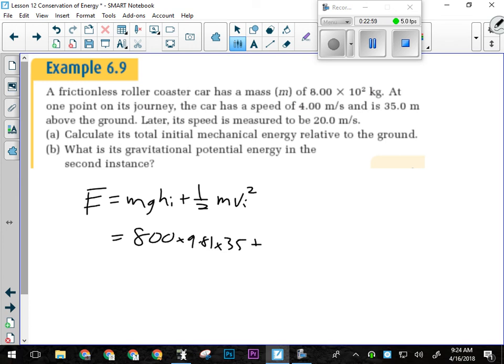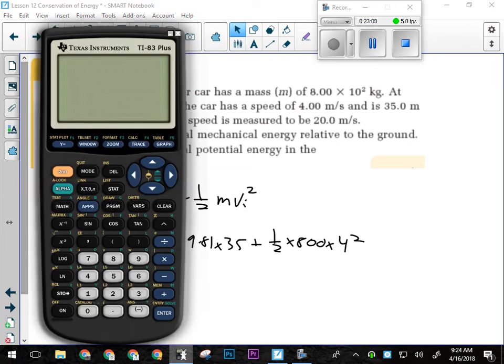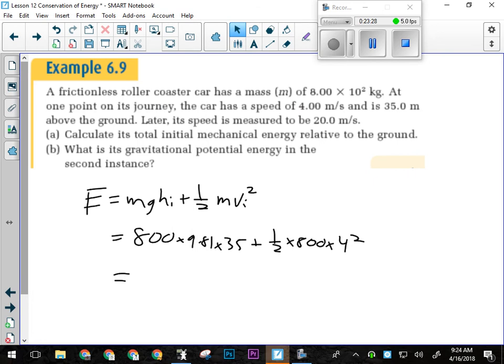And then I'm going to add to that 1/2 times 800 times 4 meters per second. All right, so we have 281,080 joules.